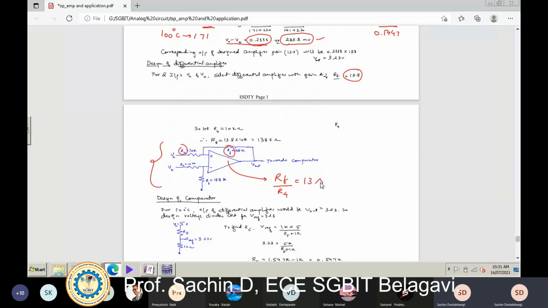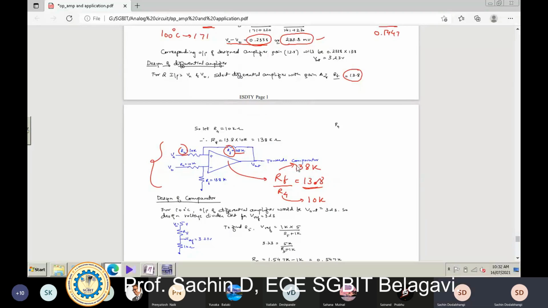So I select RF as 138 kilo ohm and R4 as 10K. So I get 13.8 itself. Getting it? This is how I made the selection. You could also select RF as 13.8 kilo ohm and R4 as 1 kilo ohm, that is also correct. But the ratio RF divided by R4 is supposed to be 13.8. So here I have selected RF 138K and R4 10K.